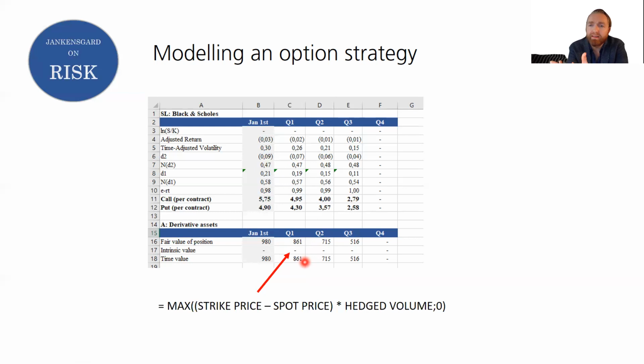So the mere possibility of that payoff is valuable, whereas the downside to you is capped by the fact that you will walk away if it's unfavorable at the end of this cash settlement, right? So all right, we can realistically then keep track of time value and intrinsic value in all these scenarios. And time value is, of course, the difference here between the fair value and the intrinsic value.